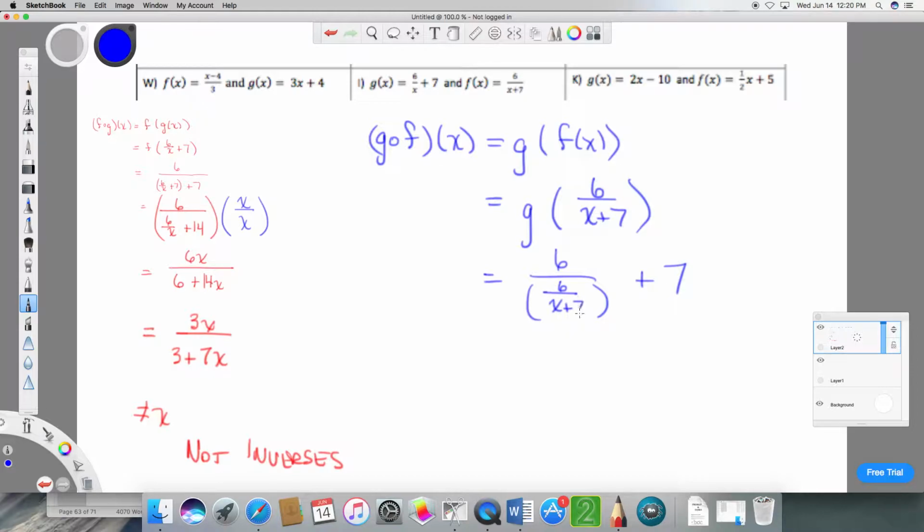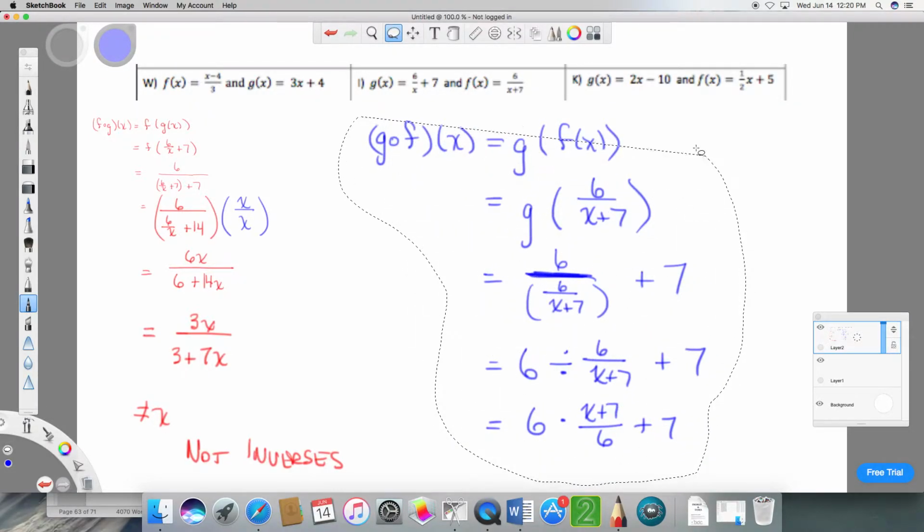So what I have in this first term here is this 6, and I can rewrite this fraction bar as division. And I can change that division to multiplication if I take the reciprocal of this divisor, if I flip this fraction. So what does that give us?